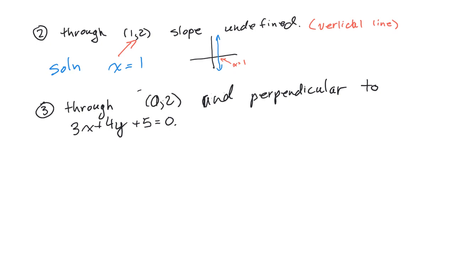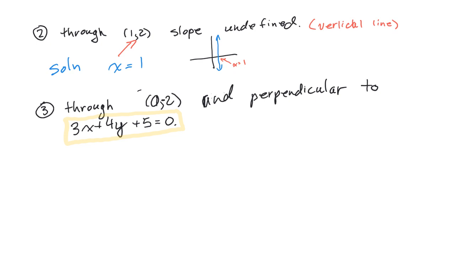So we'll change this to (0, -2), and it's perpendicular to this equation: 3x plus 4y plus 5 is equal to 0. That is the standard form of the line, right? We knew that from a while back.